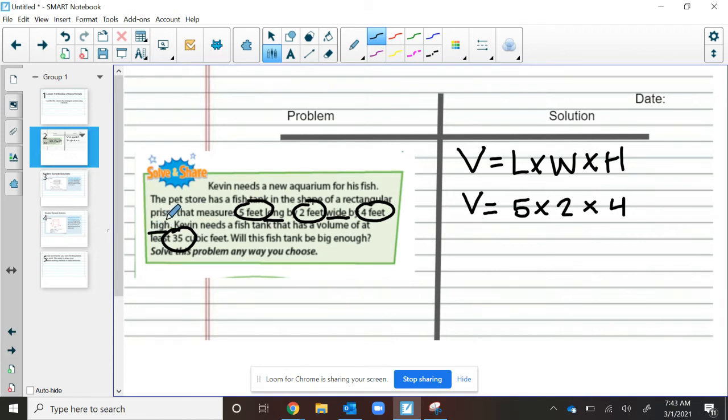Those are going to be our key terms to be able to know what numbers to plug into our formula here. Okay, so now I can just multiply. I know my base is going to be my length times width. So that's going to be 5 times 2, which is going to get me 10, times my height, which is going to be 4. So that means my volume is going to be 40 cubic feet.